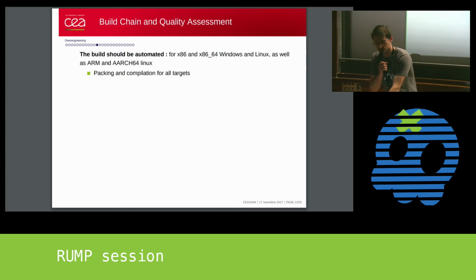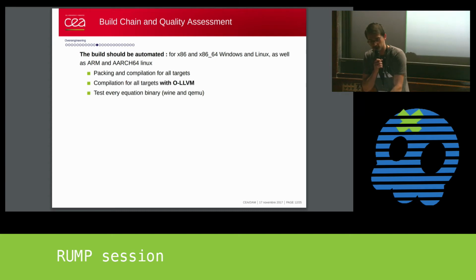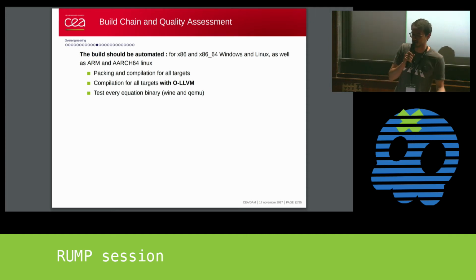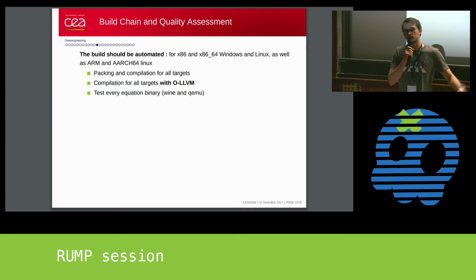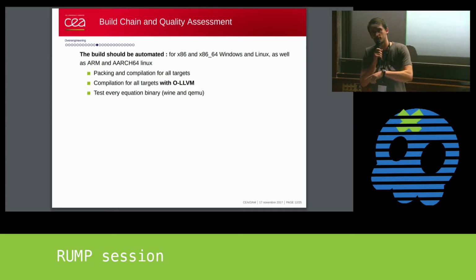Then that's just a quick word on the whole toolchain. There were a lot of things to do because there were different targets: Linux, Windows, x86, x64, ARM, AArch64. We had to compile, pack, and obfuscate, so calling clang with OLLVM with cross builds, and then we tested every equation to be sure that it was correct.